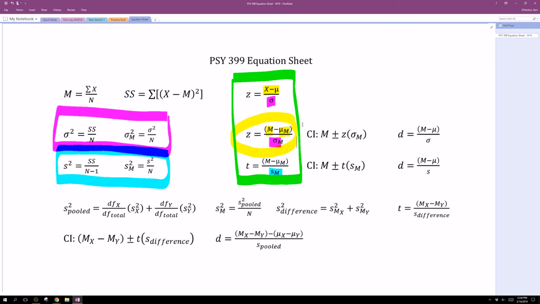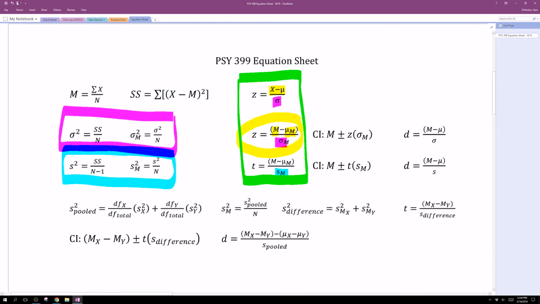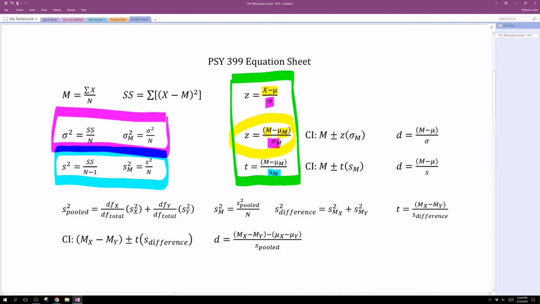When you get down to the equation for t, we are also working with means. So you have your sample mean, and again, the mean of the distribution of means. Now, this is often a hypothesized mean that is given in the problem. Okay.